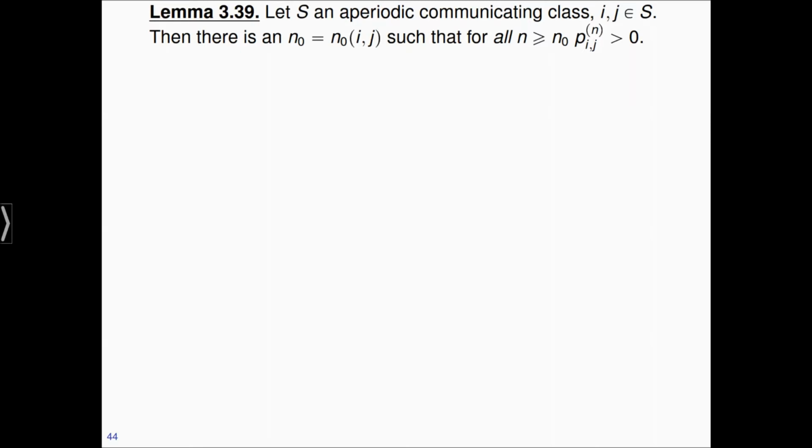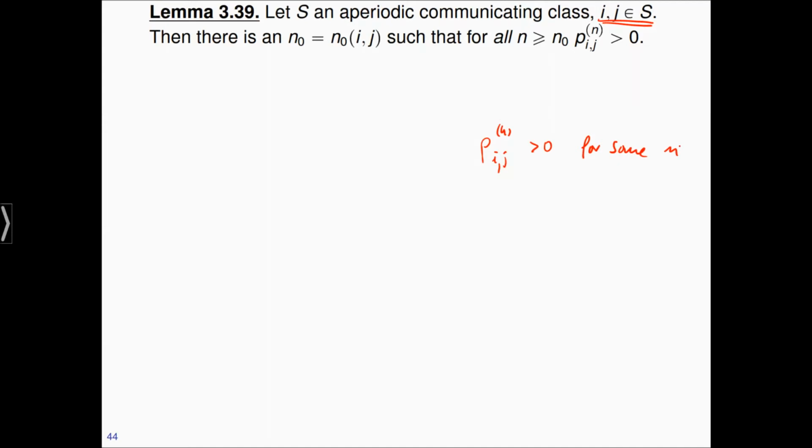The lemma says the following. Assume you have two states i and j in a communicating class, and the communicating class is supposed to be aperiodic. Communicating class in particular means that you can get from i to j, so Pijn is positive for some n.